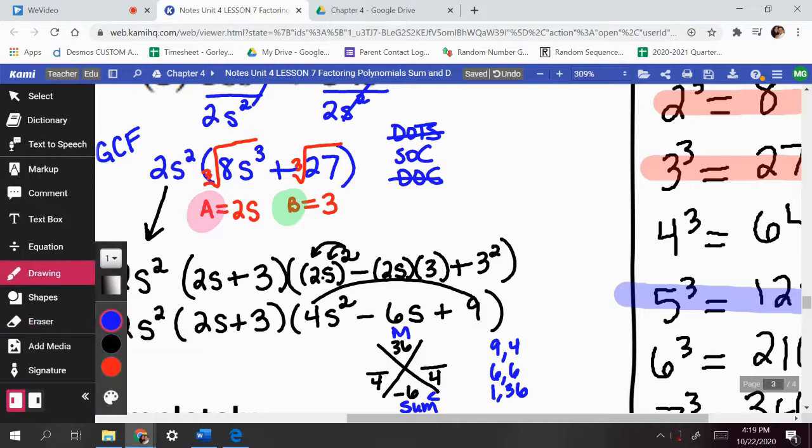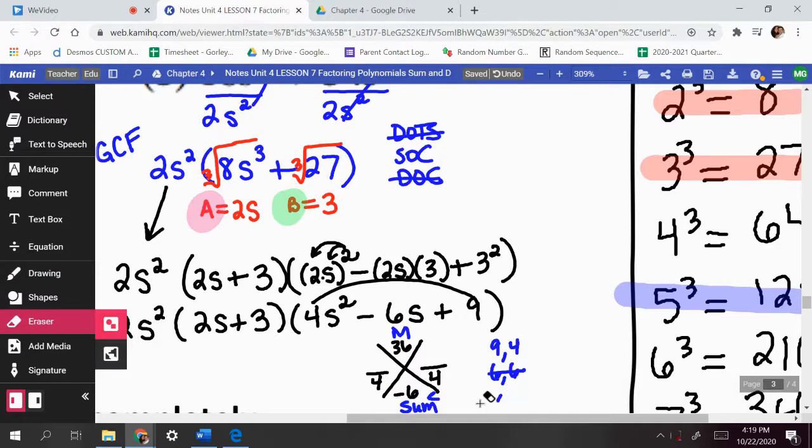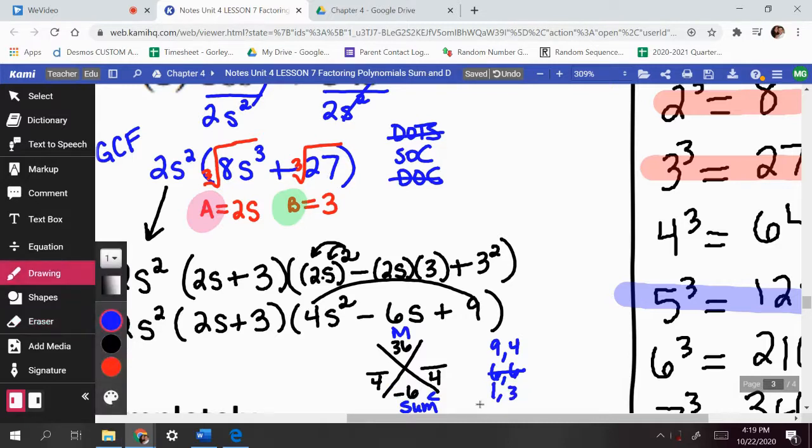I also can't use 6 and 6 because that's not going to get me to -6. Can't use 1 and 36 either. So is there anything else that 36 would be divisible by? 36 divided by 2 is 18, but that's not going to get me to -6 when I sum. 36 divided by 3, 3 and 12.